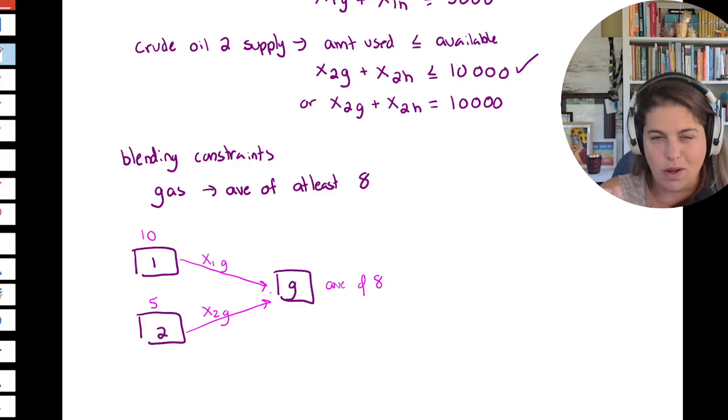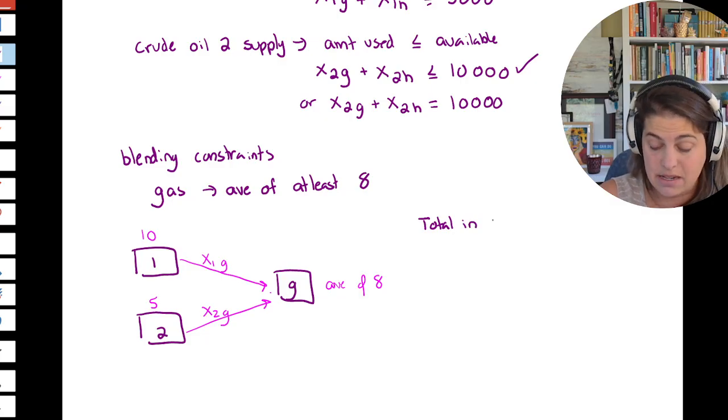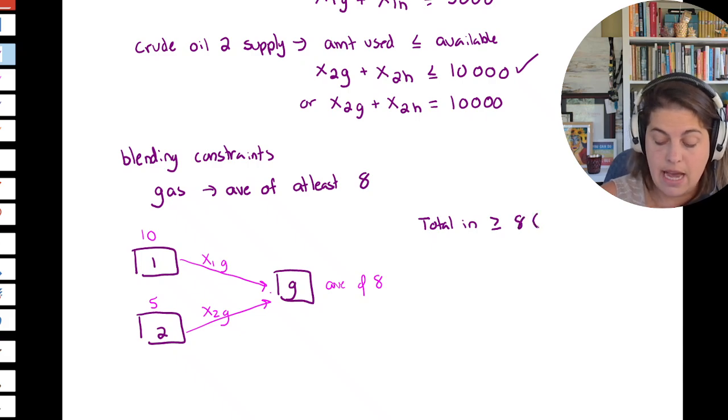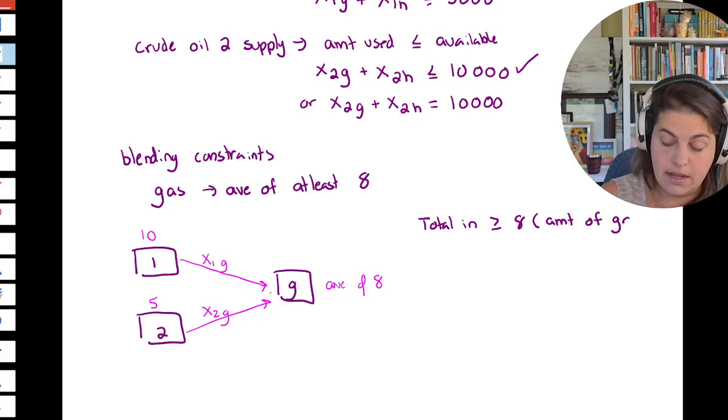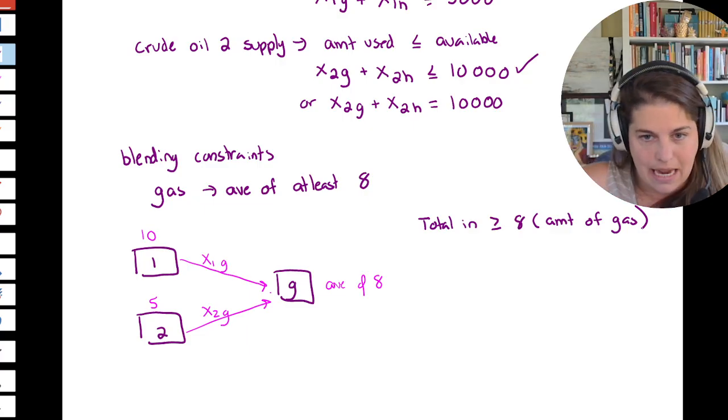and it doesn't have to be quality. It could be grams of iron. It could be percentage of gold. It doesn't matter what the attribute is, okay? We want the total in, in this case, to be at least 8. So be greater than or equal to 8 times the quantity of gas, because we want it to be an average of 8.